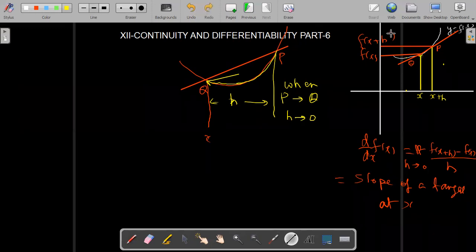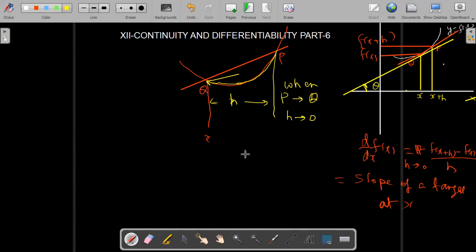Let me show this. When P goes to Q, there will be a tangent at this point, correct? And this tangent is making an angle with the x-axis, and its slope will be the derivative at this point.